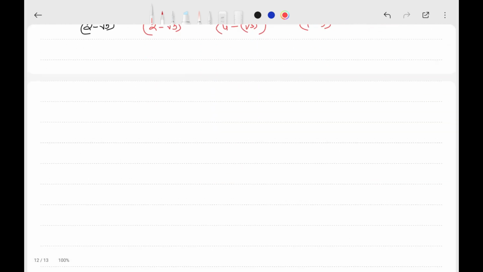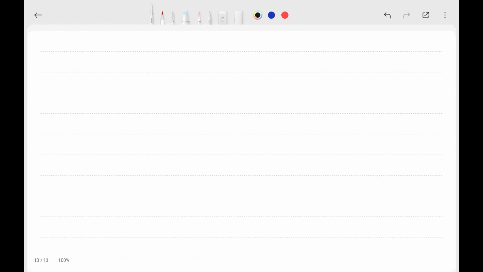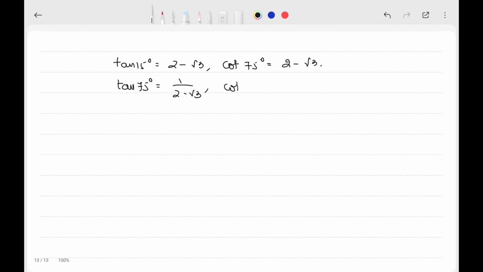Now you just see. Tan 15 is equal to 2 minus root 3. Cot 75 is equal to 2 minus root 3. Tan 75 is equal to 1 by 2 minus root 3. Cot 15 is equal to 1 by 2 minus root 3.